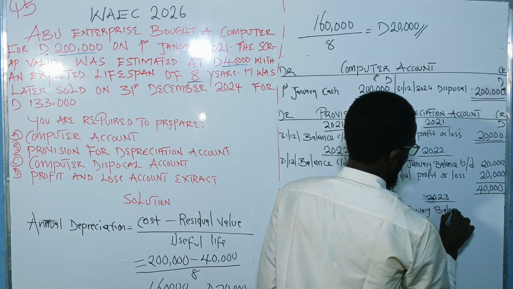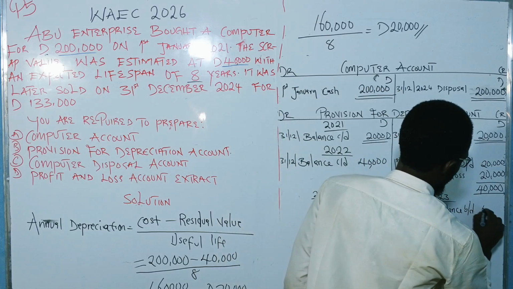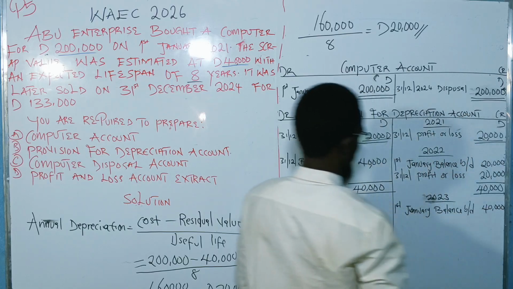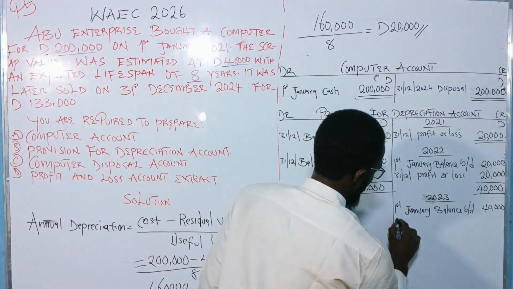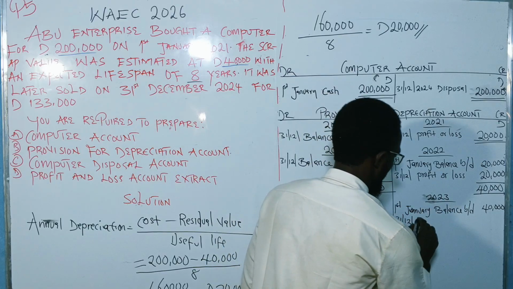Balance BD, you bring this 40,000. Then you charge depreciation for 2023. That is 31st December. We charge depreciation at the end of the year.